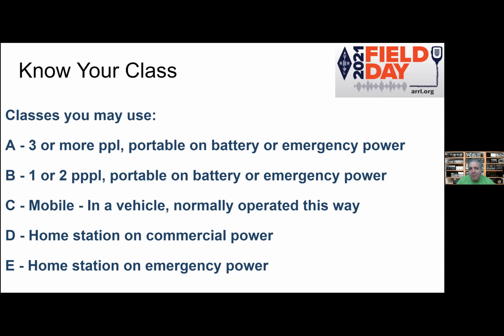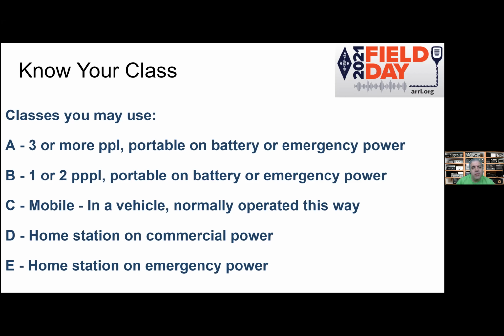So like me, for example, if I operate in my backyard, and I set up everything portable and I run off solar and battery power, but I can still go in the house and sleep inside and use the kitchen, I'm probably going to be a 1E rather than a 1A. So just think about that. So I would be a 1B or a 1E.